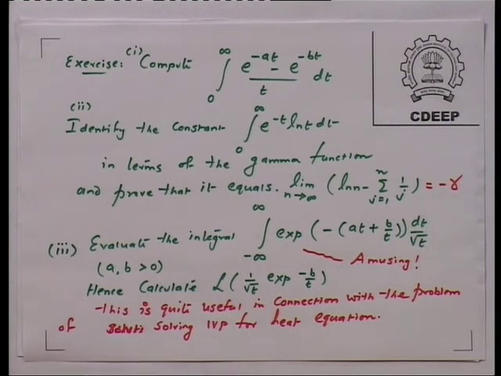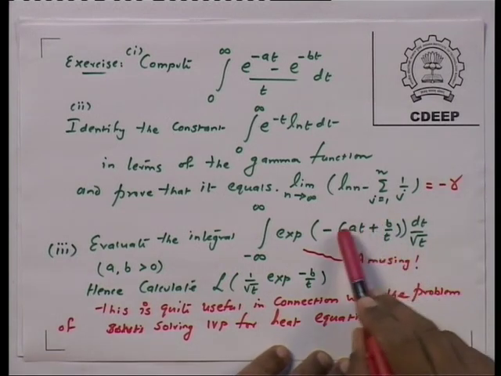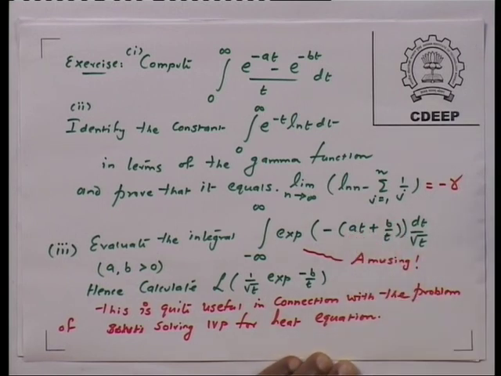First simplification is that do it for a equal to b. Assume that the constants a and b are the same. Assume it's c squared or something like that. I can always do that. I can always make a scaling change of variables: put t equal to lambda u and choose the lambda such that the two constants become equal.